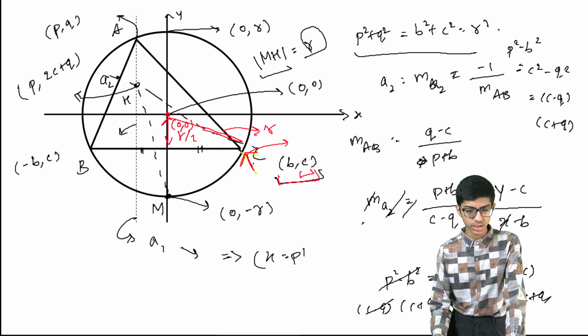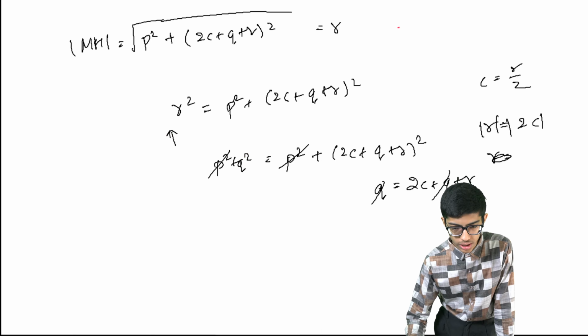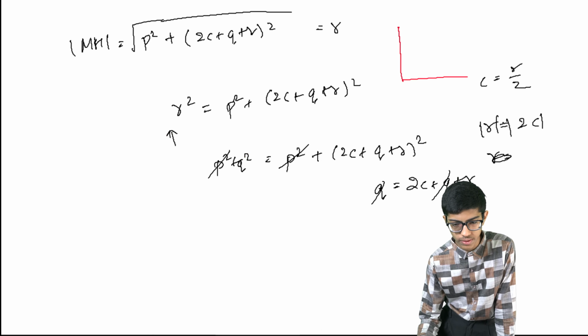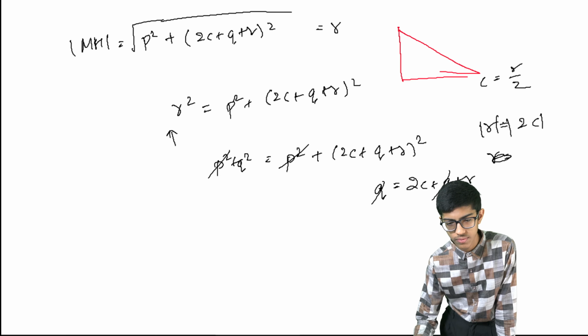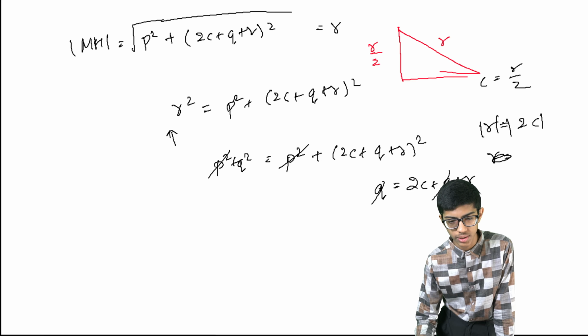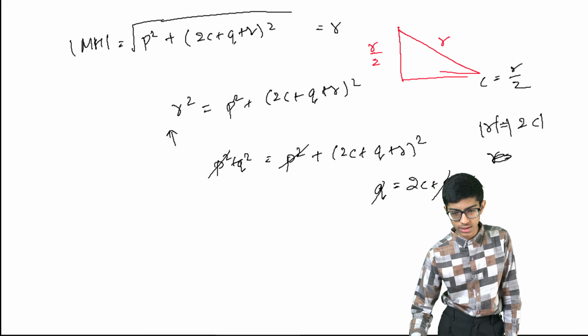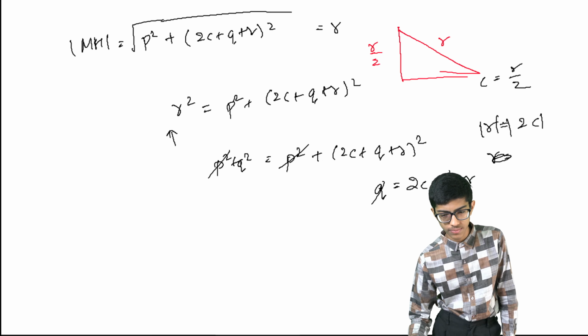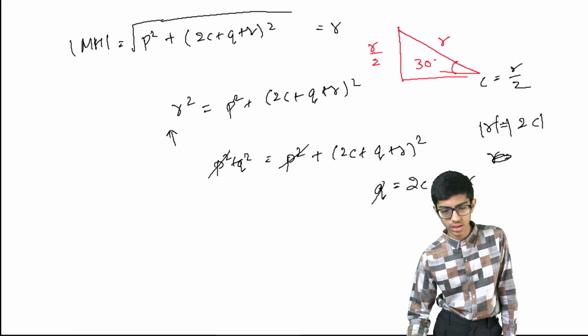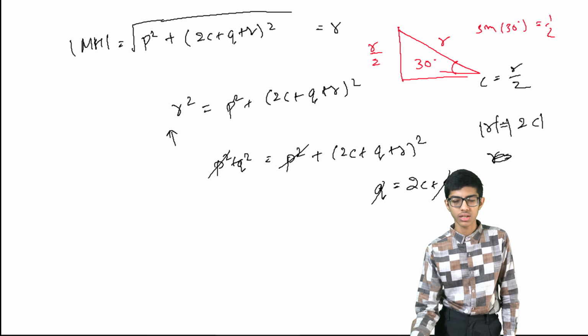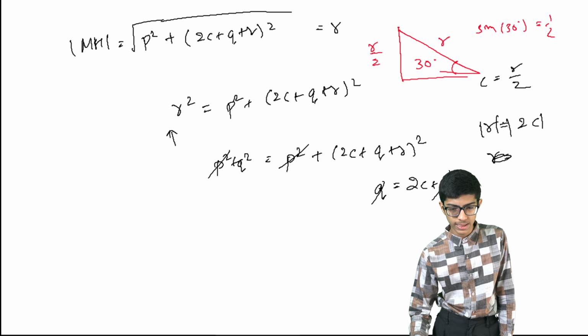So this coordinate is r by 2. Now drawing that triangle independently, we have r and r by 2. As you may easily see, we have 30 degrees here, since sine 30 degrees equals half. So sine inverse of half equals 30 degrees.